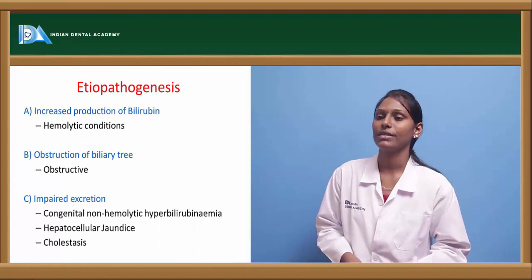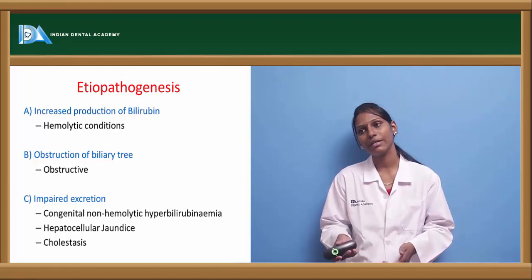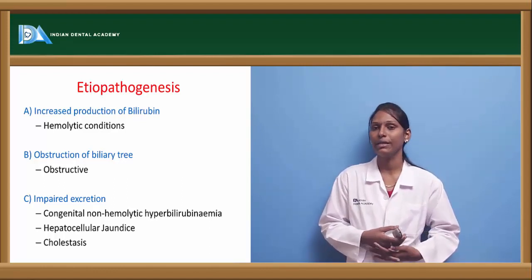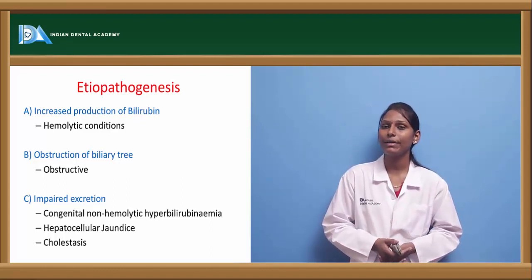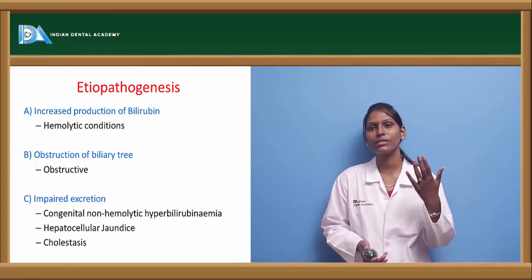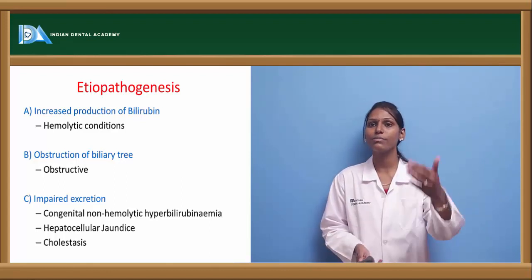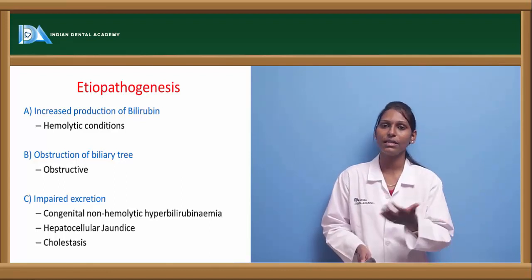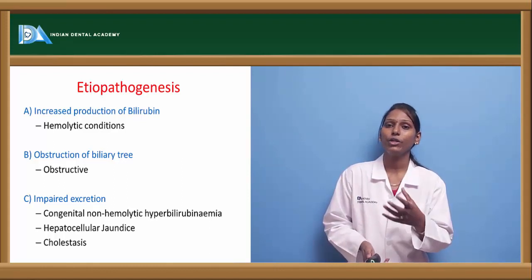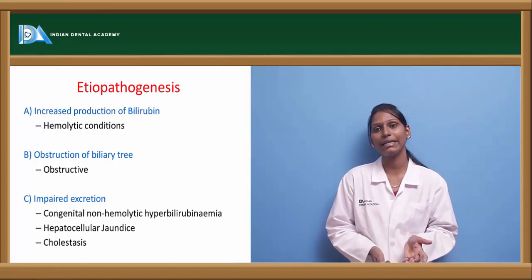Coming to the etiopathogenesis, jaundice can be caused by various reasons. First is increased production of bilirubin, which can be because of a hemolytic condition, where more heme is produced, catabolized further, and more bilirubin is produced. This results in increased bilirubin within the blood or deposition of bilirubin into the body tissues, resulting in jaundice.